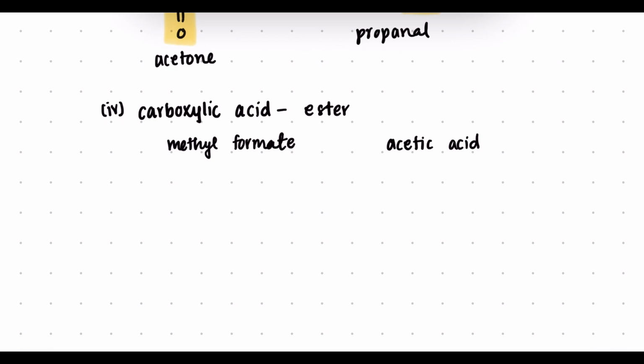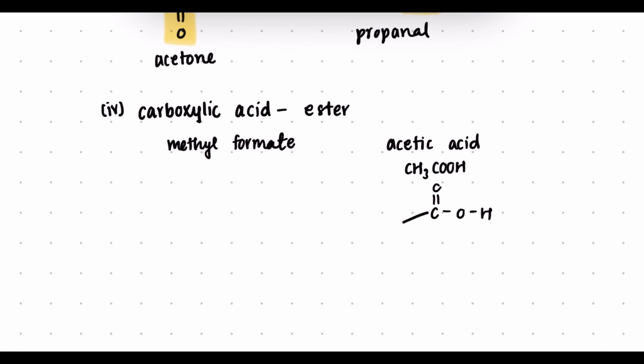Let's first write the structure of acetic acid. Acetic acid is CH3COOH. So this would be pretty simple. It'll just be this. Now if we were to go with methyl formate, remember that the common name of methanoic acid is formic acid.